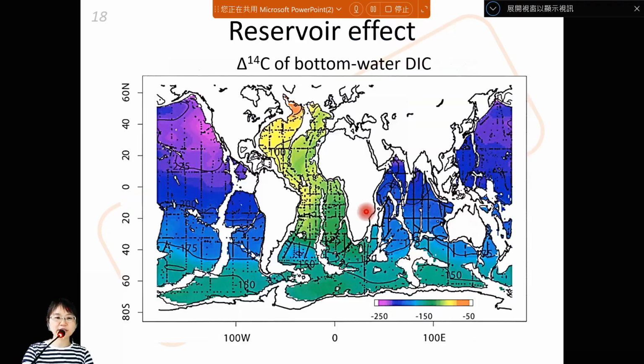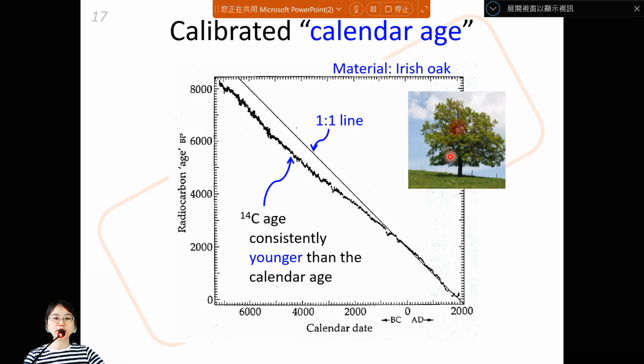And the other is the so-called reservoir effect. This is the bottom water DIC. This is the big delta value, so you see the bottom water is already old, from minus 50 per mil to minus 250 per mil, compared to the air. A tree will produce its biomass from atmospheric CO2, so usually terrestrial plants have very little reservoir effect.